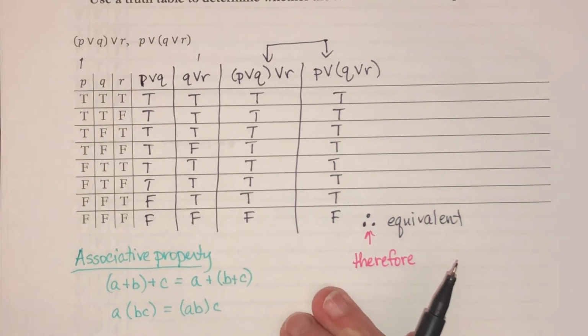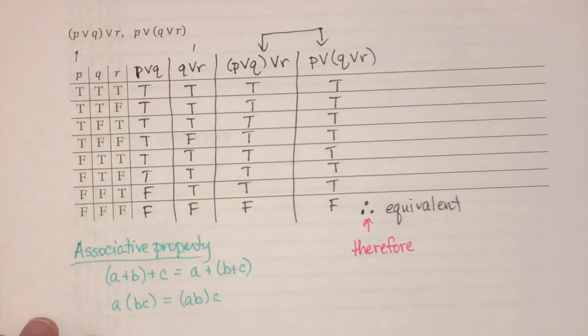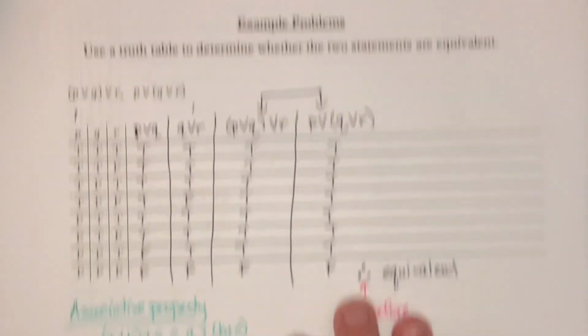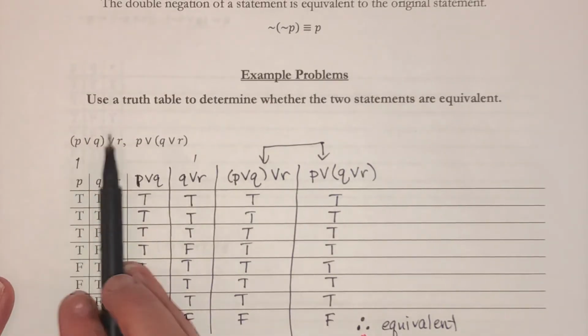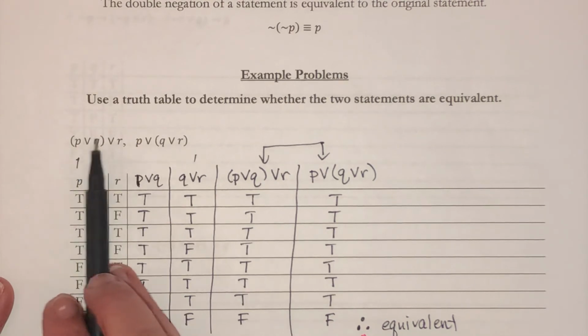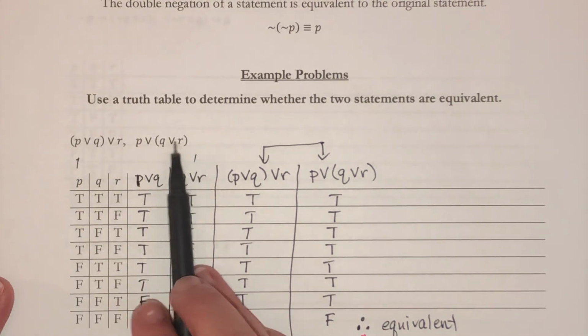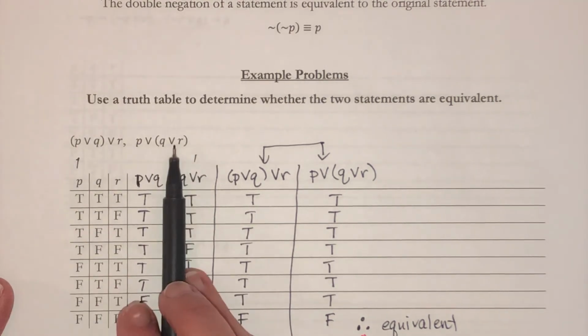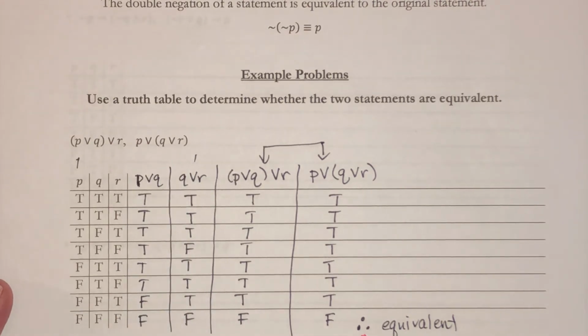Basically, it doesn't matter how you group them. If it's all addition or all multiplication, you can group them however you want to, and they're the same. Well, if you look here, these are all or, and here the first two are grouped together, here the second two are grouped together. So when it's all or, we have an associative property. We can group them however we need to do so, and it will work.